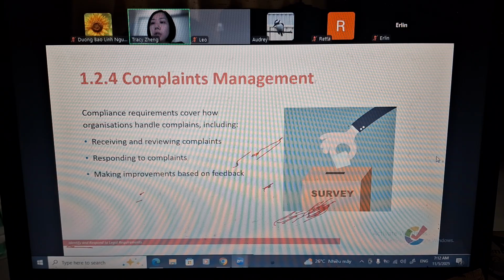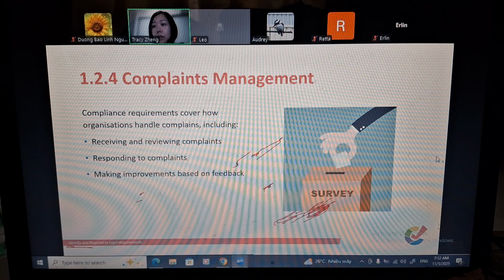But this information needs to be confidential. Your clients may not want to share their feedback and complaints with other residents or other staff, or they may want to make a complaint about a particular staff member, so they don't want to disclose it. All of those need to be handled confidentially. It will be your manager's turn to follow up.